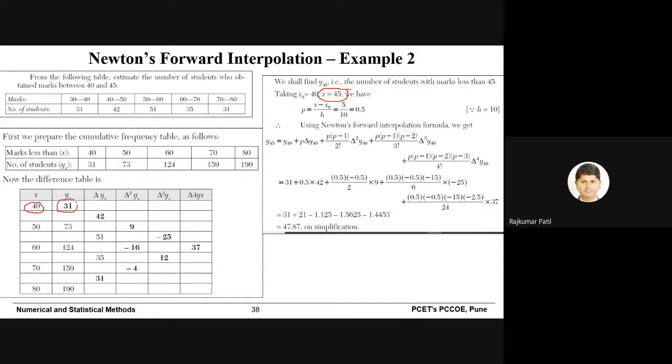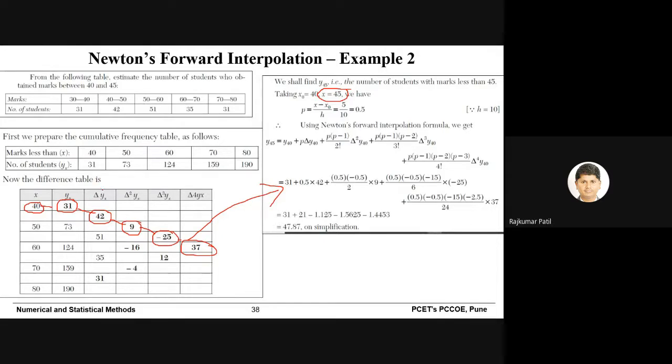That's why we are picking these values and putting them into the equation. You can see the path that I have created in the table, and all these values are used and put into the equation.